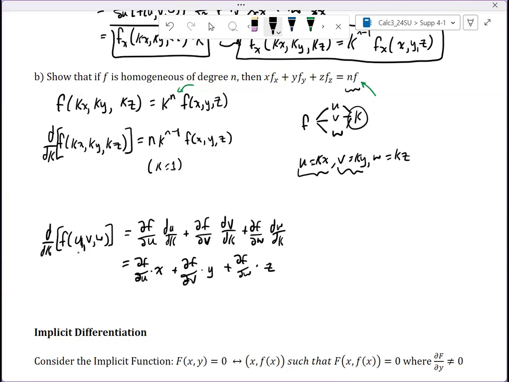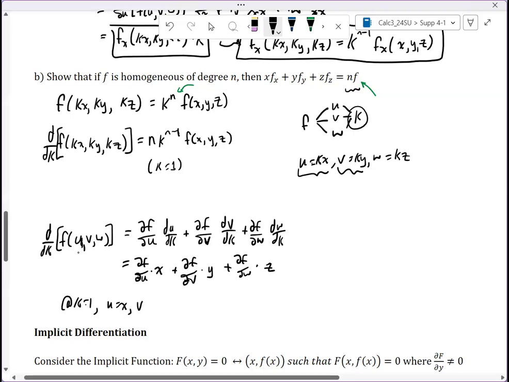If I evaluate this at k equals 1, I just see that u equals x, v equals y, and w equals z.